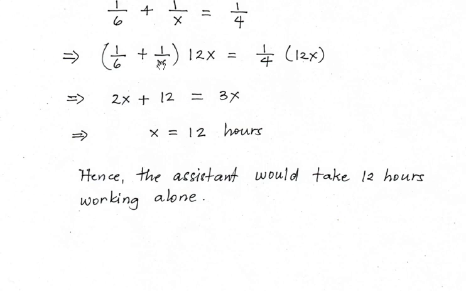Then 12x times 1 over x, x will cancel out, that's positive 12. And 1/4 of 12x is 3x. Solving for the value of x, we have x is equal to 12 hours. Hence, the assistant would take 12 hours working alone.